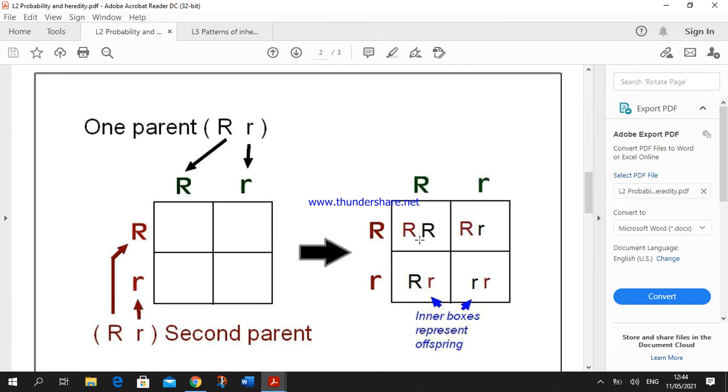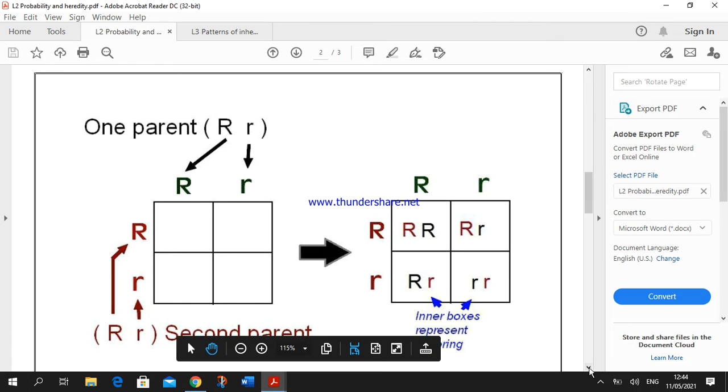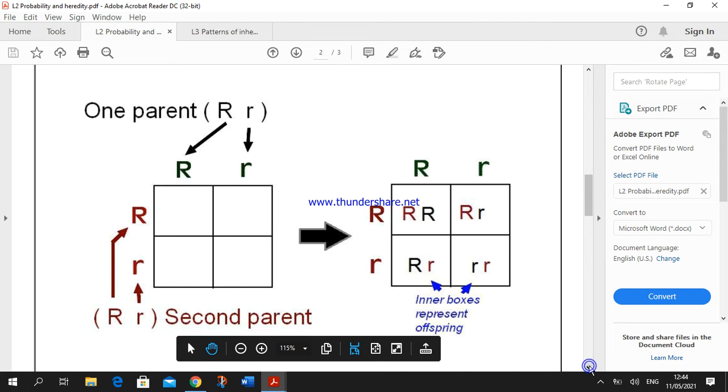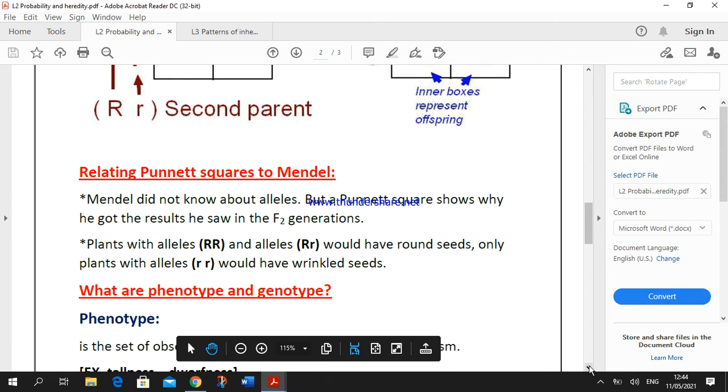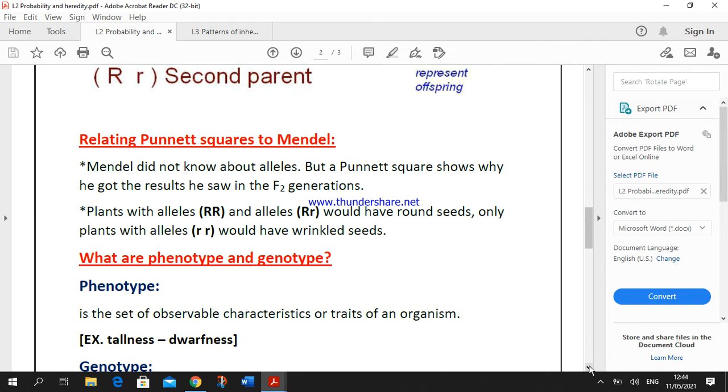By studying the outcome, we note that 3 over 4 have round seeds, and only 1 over 4 has wrinkled seeds. Mendel didn't know about alleles, but a Punnett square shows why he got the result he saw in the second generation.